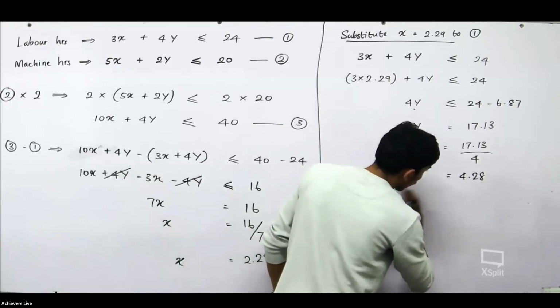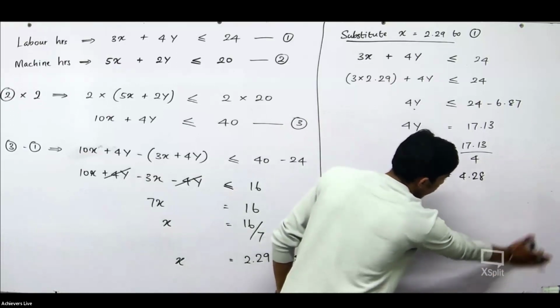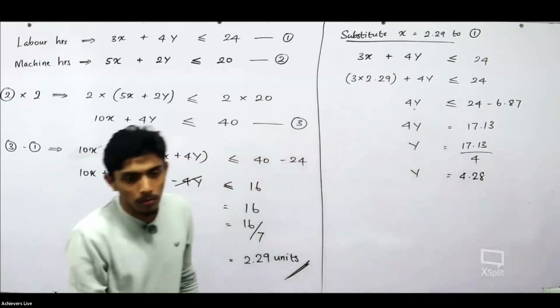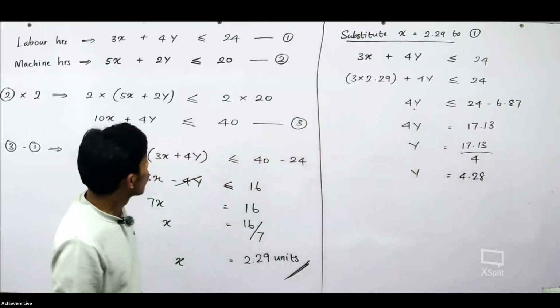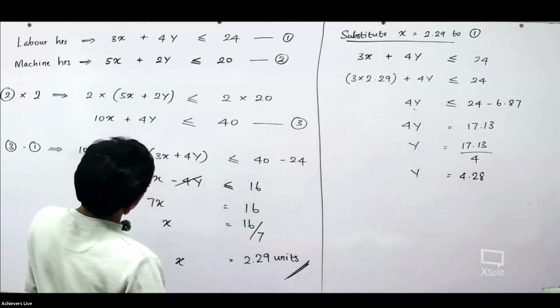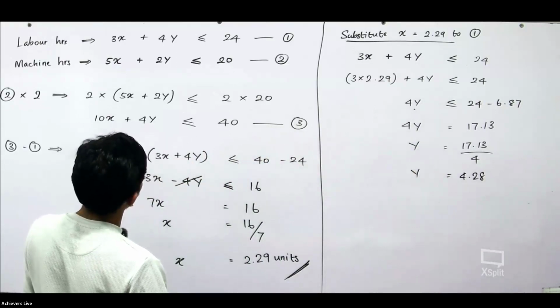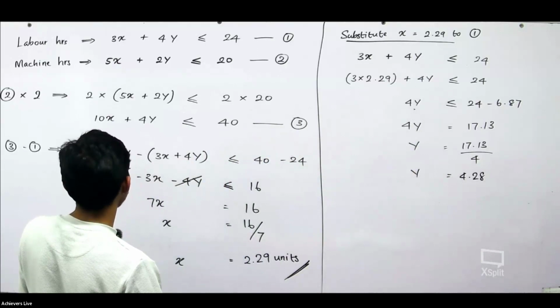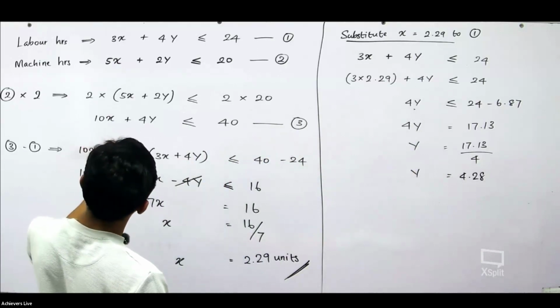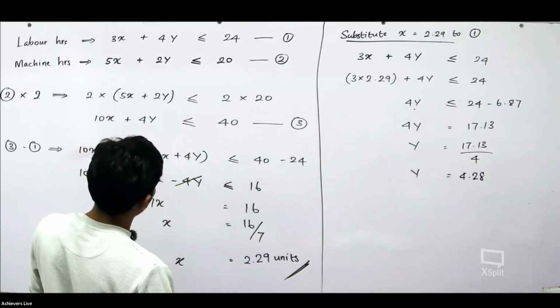Now we have to find the optimum production plan. Here, labor hours are also limited, and machine hours are also limited.